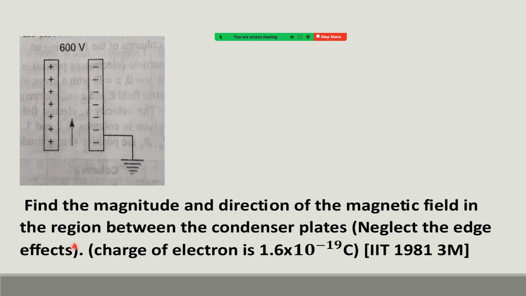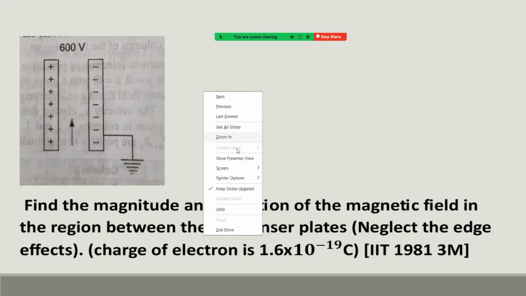You can see the diagram here. Find the magnitude and direction of the magnetic field in the region between the condenser plates. Neglect edge effects. Asked for 3 marks in 1981. Let us see how to start.